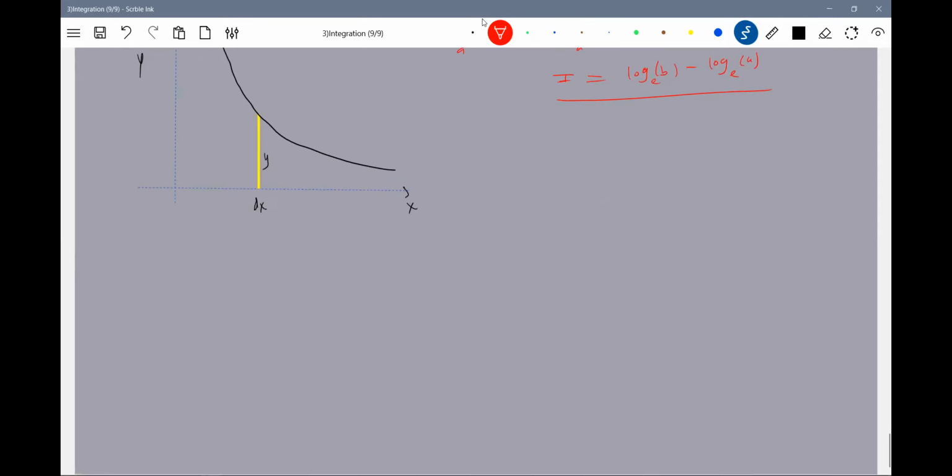You are adding within certain limits. Then the integral of, let the function be y equal to e to the power of x. The integral of this is y dx, or e to the power of x dx.